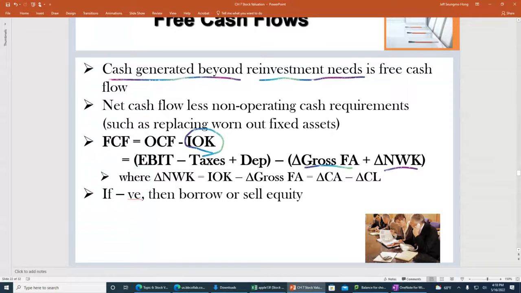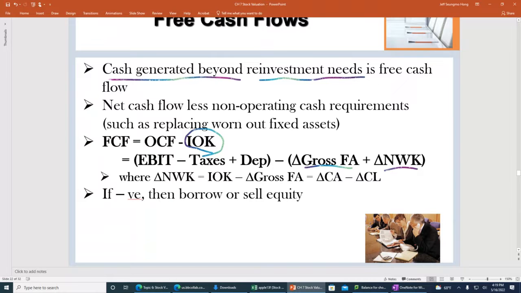So when the physical capital depreciates from wear and tear, you need to replace it, right? No management will just let it lose value. If you just let it wear and tear, it doesn't only result in depreciation, but also lower production capacity.